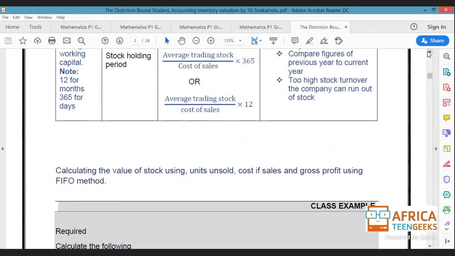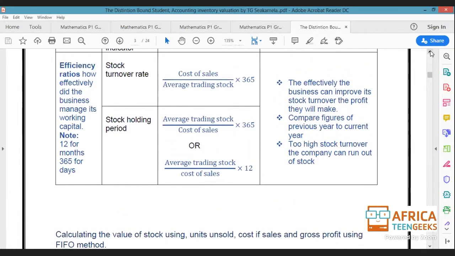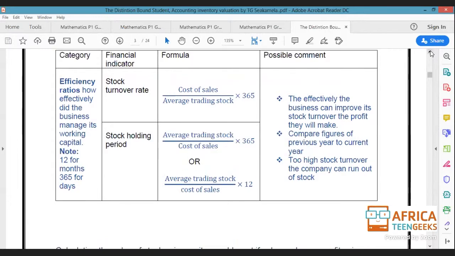All right, cool. Now, I'm sure you are familiar with these calculations, right? Your stock turnover rate is always your cost of sales over your average trading stock. Now, where are you getting your cost of sales? You can get it straight from the income statement, or you can calculate it by saying opening stock plus purchases, plus carriage on purchases, less your closing stock.